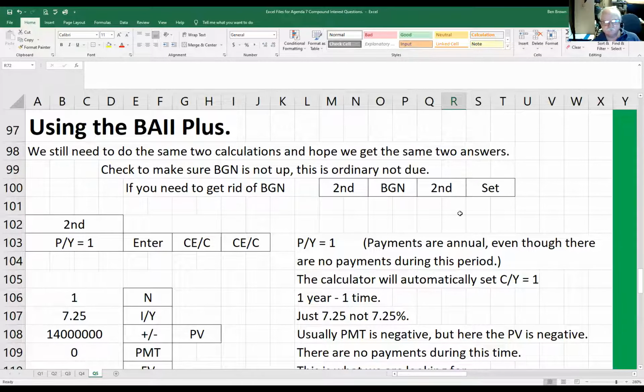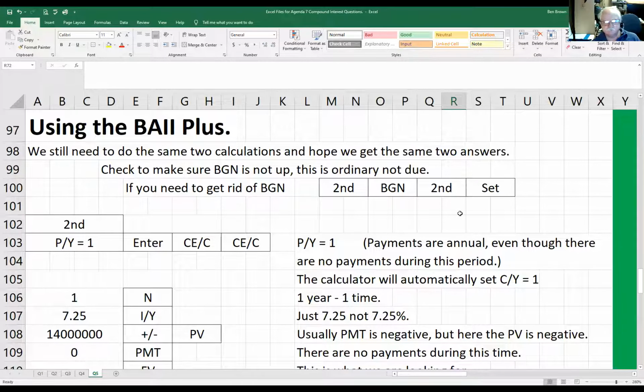The calculator will automatically set CY to 1. It's only 1 year, 1 time, so N is 1. Notice for the interest rate, we're just using I, not P, because during this time period, there's no payments. So we're not worried about it being a general annuity.